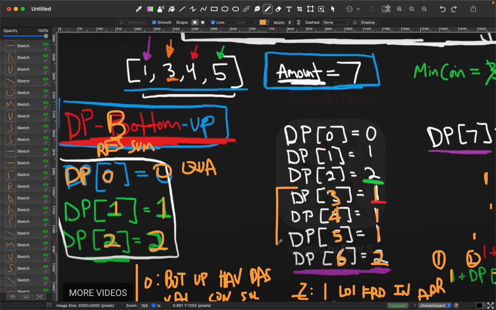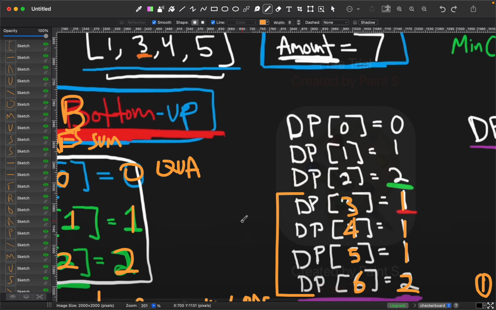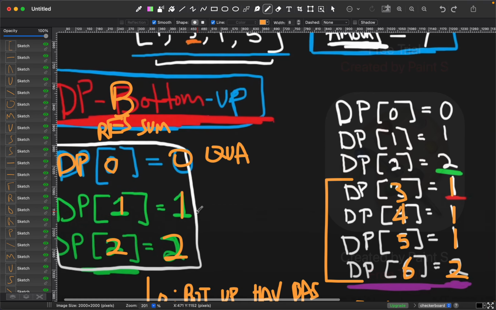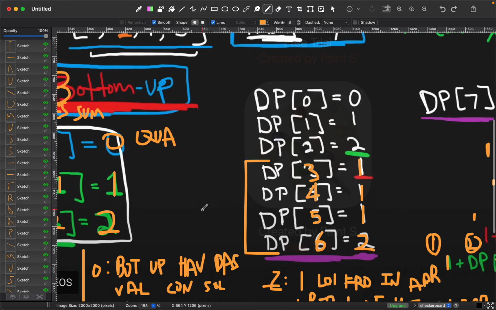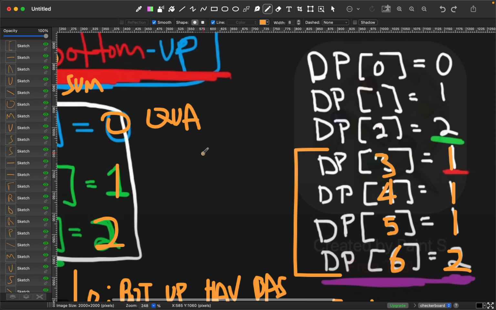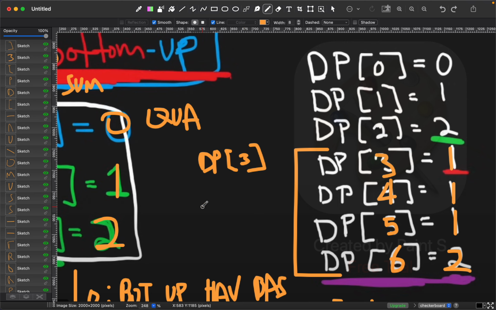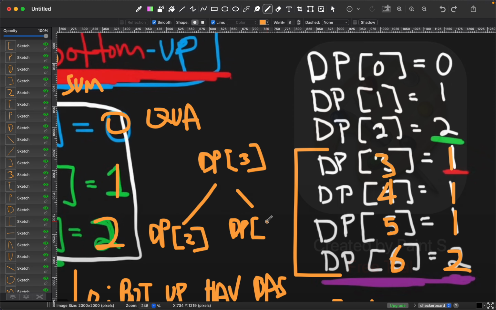So maybe say for the areas over here, DP3. What I feel is that DP3 is very much a combination of DP2 and DP1.